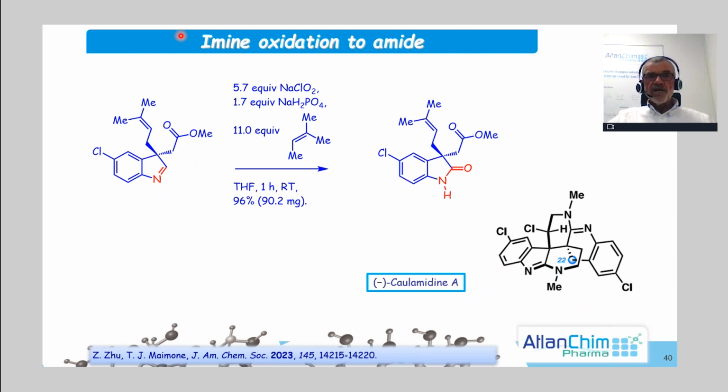In this last example, concerning the total synthesis of this trihalogenated indole alkaloid, this amine here was oxidized under classical pinnick conditions to provide the desired lactam in excellent yield.